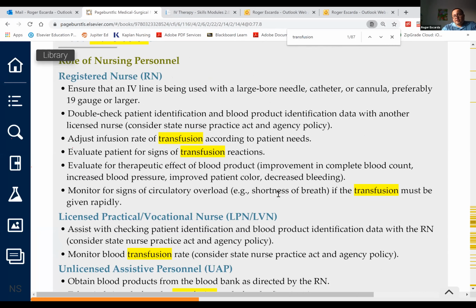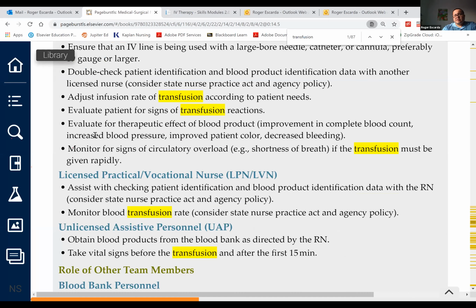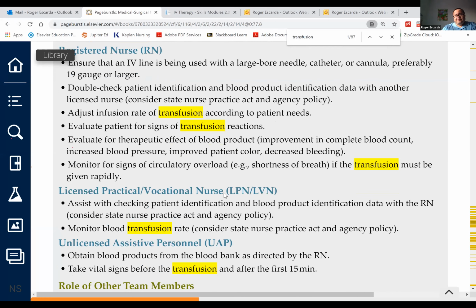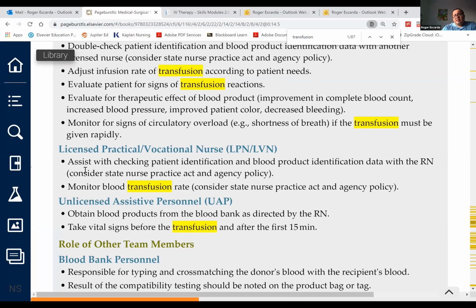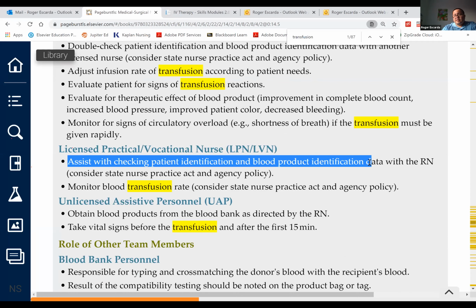Okay, so very important to know who can do what. As far as the transfusion itself, the person hanging it, the person assessing the patient should be the RN in charge of the patient. Please read. I won't read them for you. Take a look at the LPN. So we need 2 people to check blood, right? Since LPN is listed here, the role of the LPN is to assist the nurse with patient identification and blood product identification.